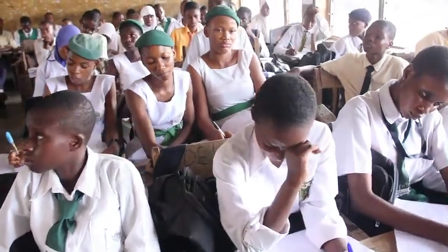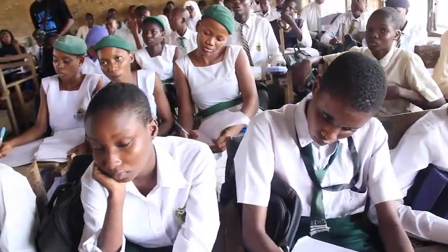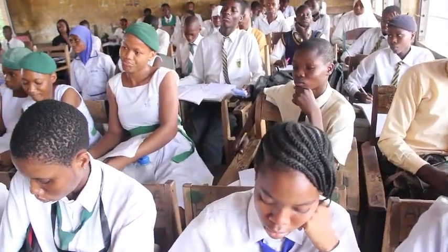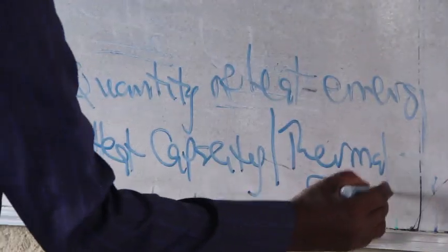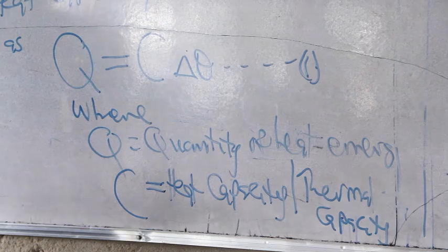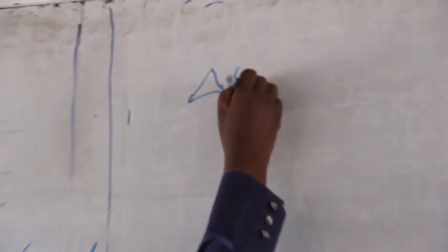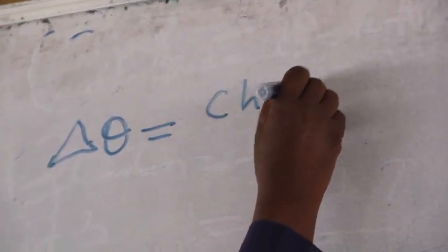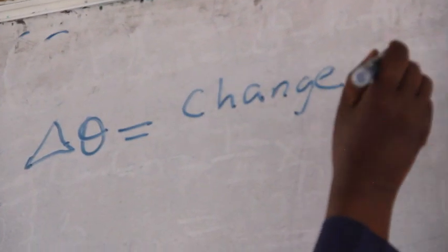One is to use capital letter C to represent heat capacity, or thermal capacity. Then delta theta here is referred to as change in temperature.